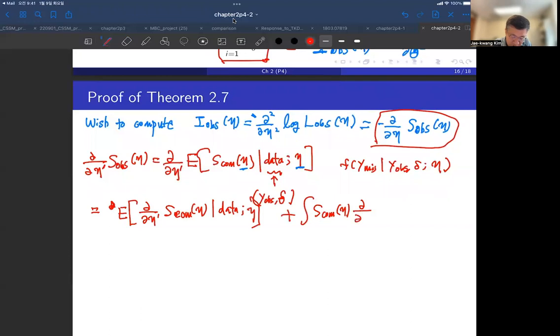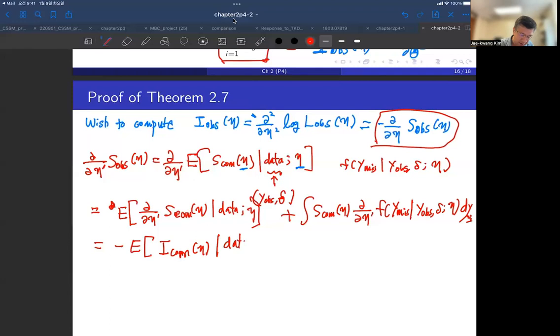So we want to compute the partial derivative of the density function with respect to eta for y_mis. The first part is minus the conditional expectation of the derivative of the complete score given data. The first part is no problem.